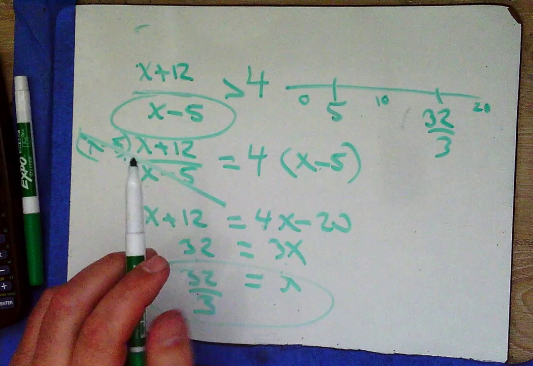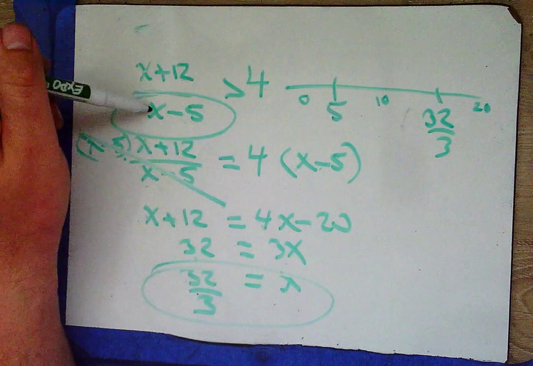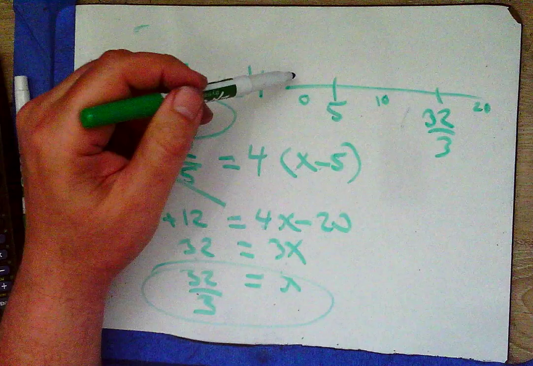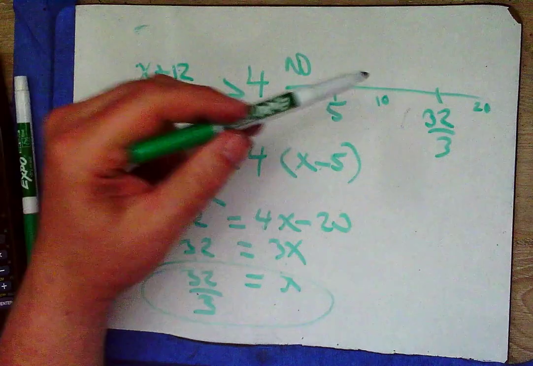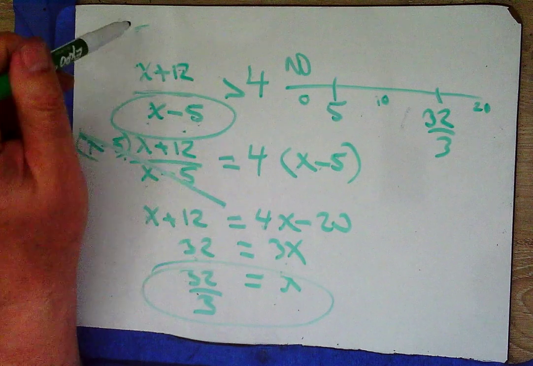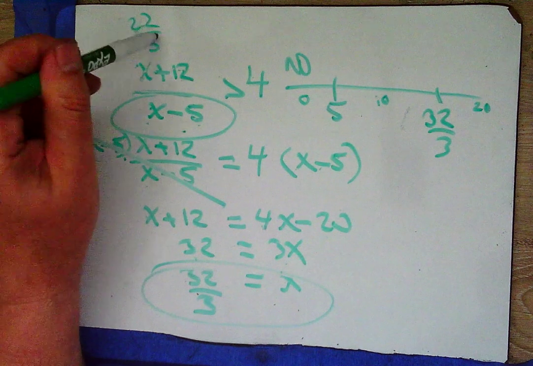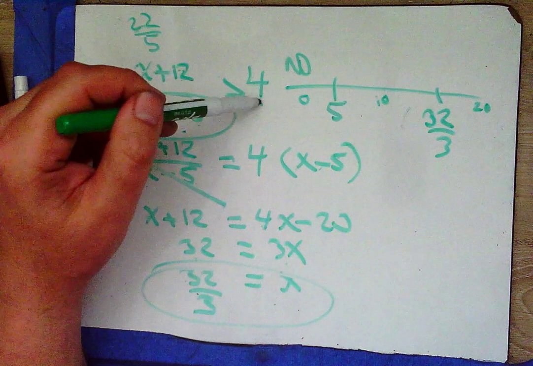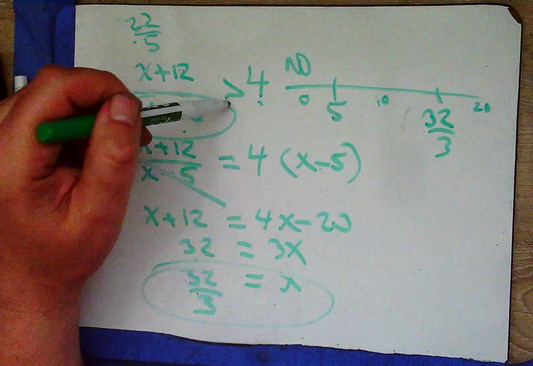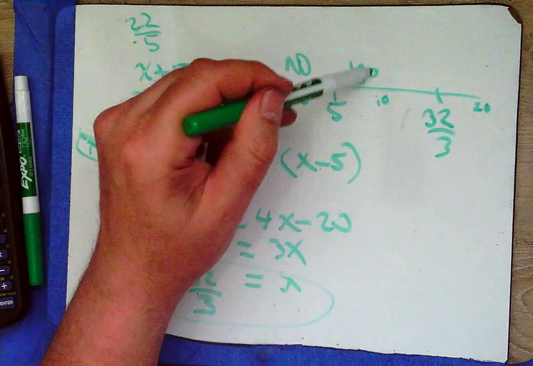If I plug in a 0, I get 12 over negative 5. Is negative 12 fifths bigger than 4? No. If I plug in a 10, I have 22 over 5. Well, 20 over 5 would be 4, so 22 over 5 is bigger than 4.